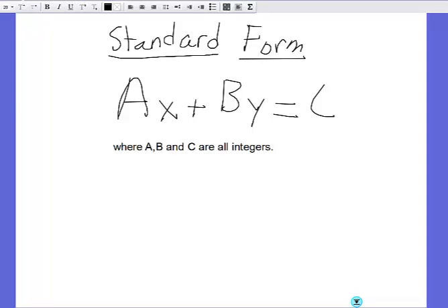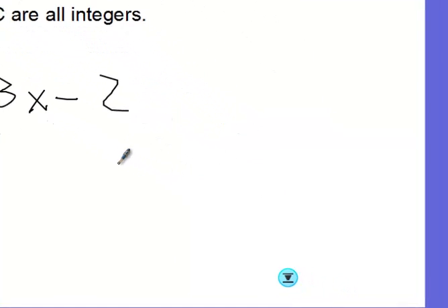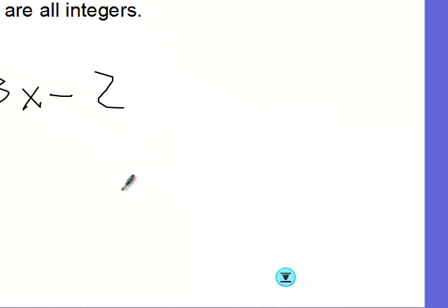Sometimes people like to give you an equation that is not in standard form. If we look here, we have y equals 3x minus 2. In order for this to be in standard form, we need our a and our x to be on the same side.